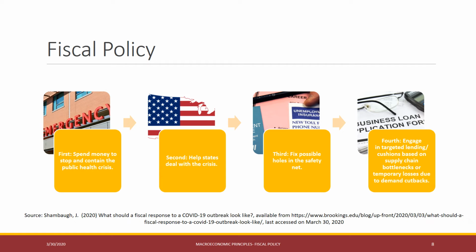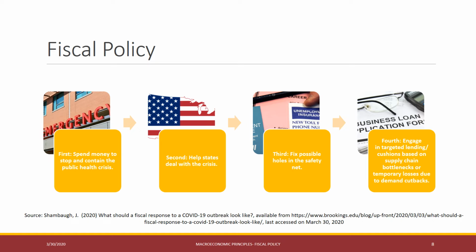If you look into the answer of this question, as per the article, there are four ways to make a response to this question. A fiscal package should contain these types of responses: first, spend money to stop and contain the public health crisis.